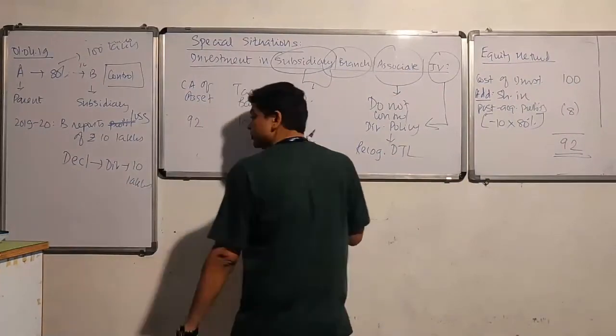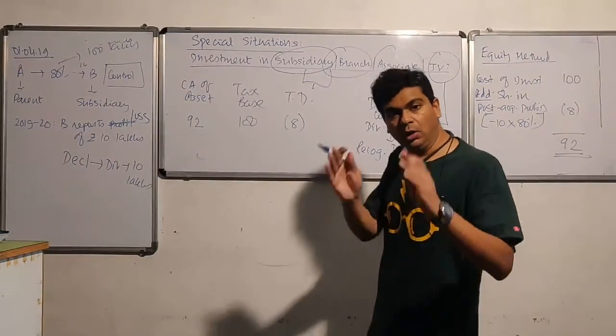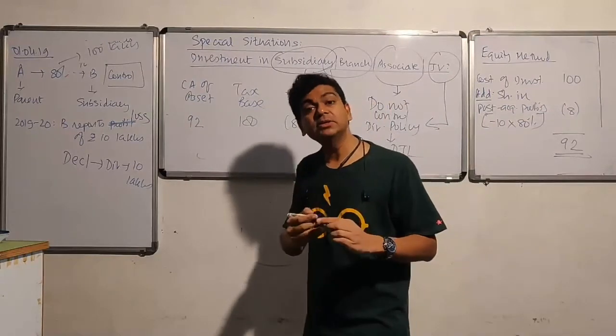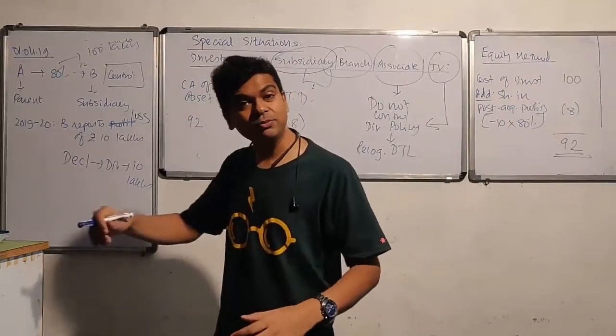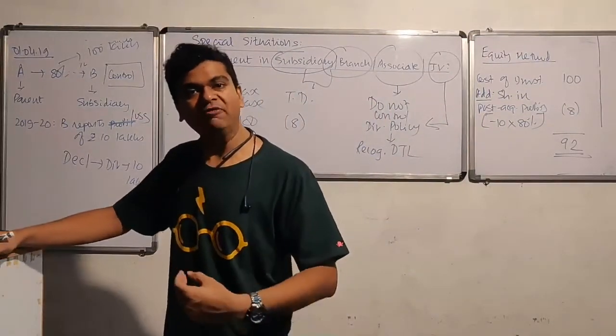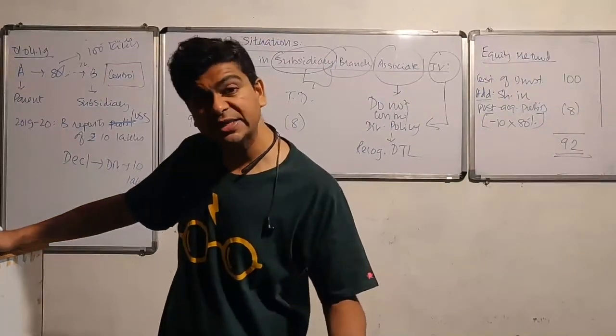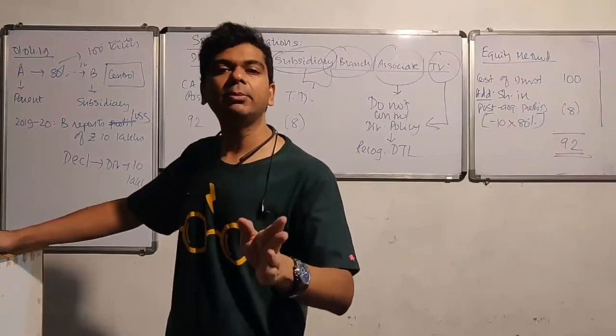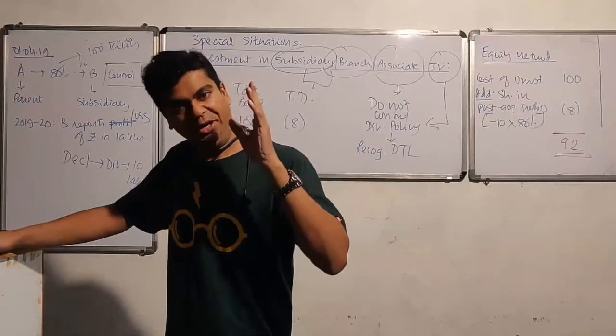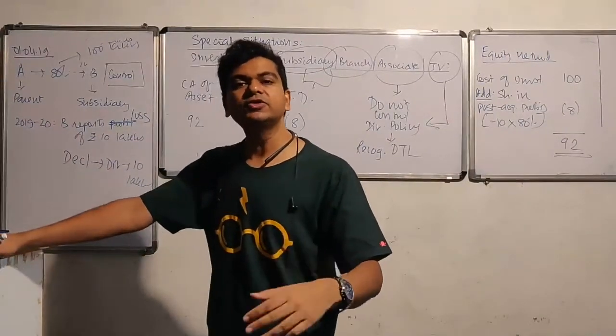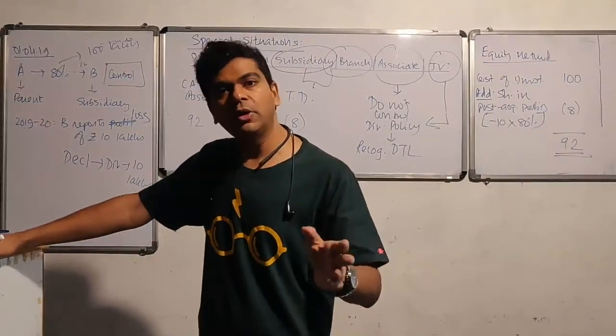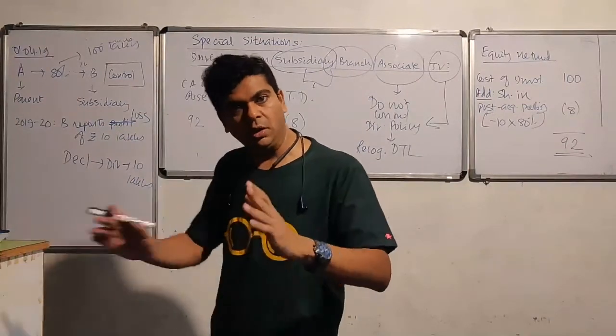The temporary difference this time is negative. Carrying amount of asset is lower than the tax base. When carrying amount of asset is lower than the tax base, this is deductible temporary difference. And on deductible temporary difference, we are supposed to recognize deferred tax asset.